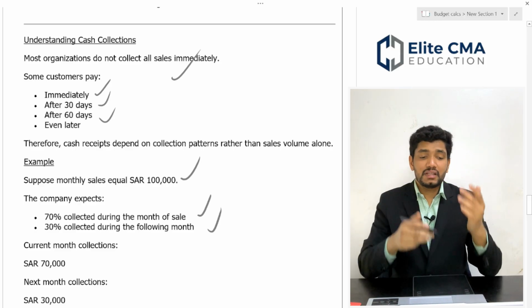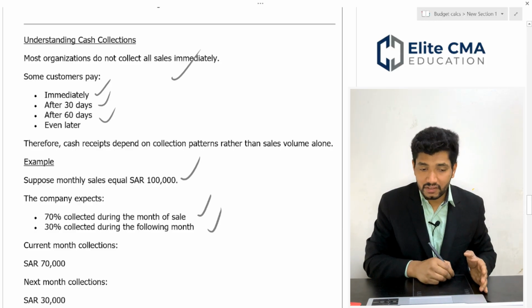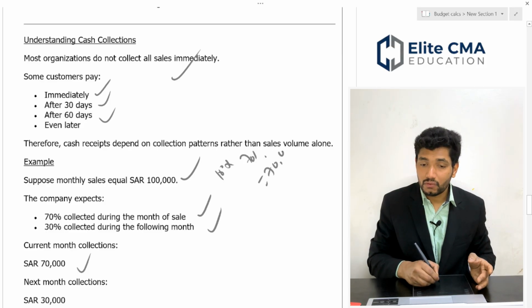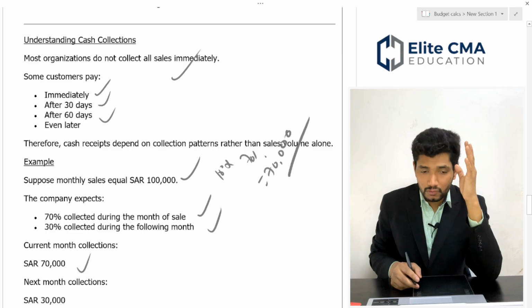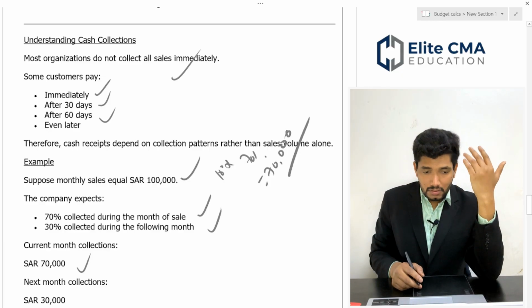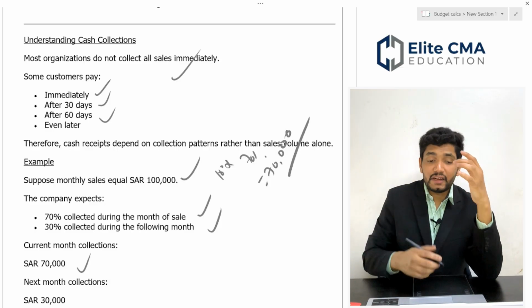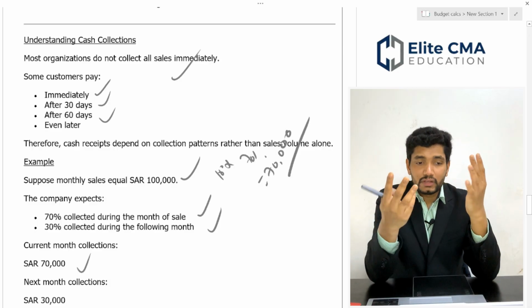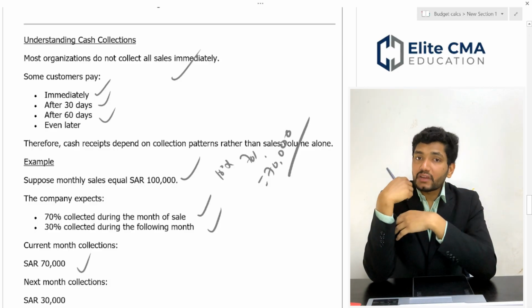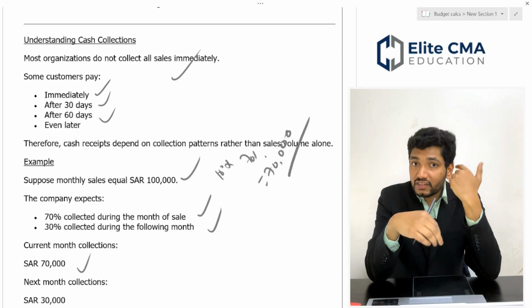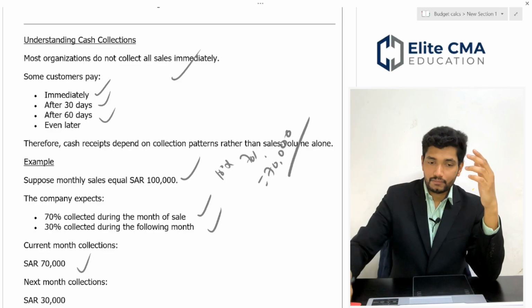So in this example, the current month collection is only $70,000, that is 100,000 times 70%. The balance $30,000 you can expect to collect only next month. So while you are preparing your cash budget, you have to consider your collection schedule or collection terms with the customer as well.